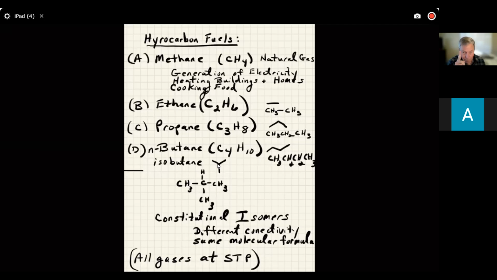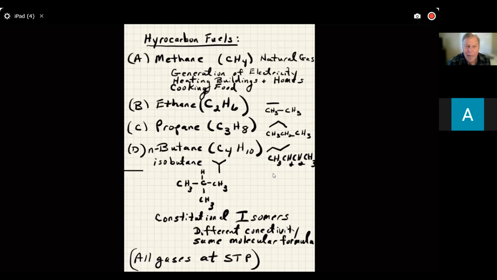Only 1, right? So what's missing on that middle one is a single hydrogen. So that's a CH3, that's a CH3, that's a CH3, and that's a CH. So here it is, written out. CH3, that's this one. Here's the middle carbon with an H, a CH3, a CH3, and a CH3. So this is called isobutane.